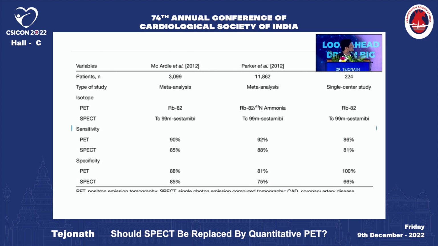Coming to various studies which have studied both SPECT and PET together, they have given a clear advantage to quantitative PET in terms of sensitivity, but when it comes to specificity, more or less they are similar, with a little advantage of PET over SPECT.